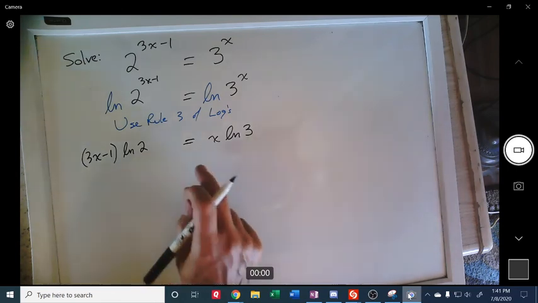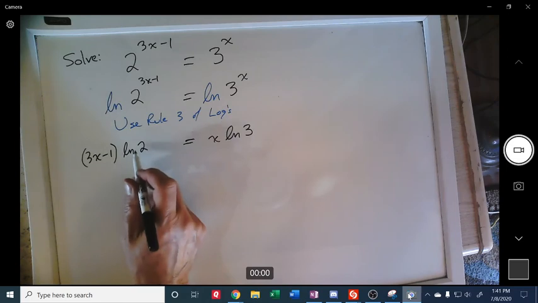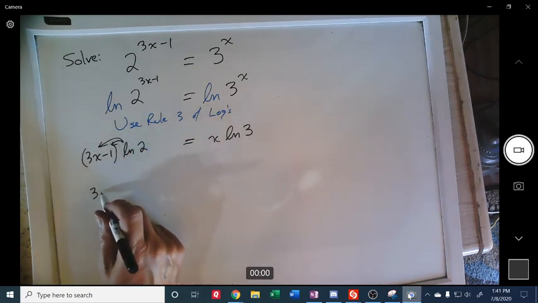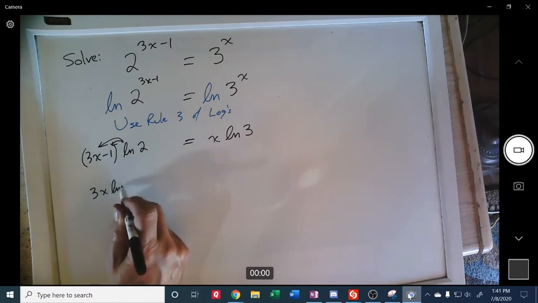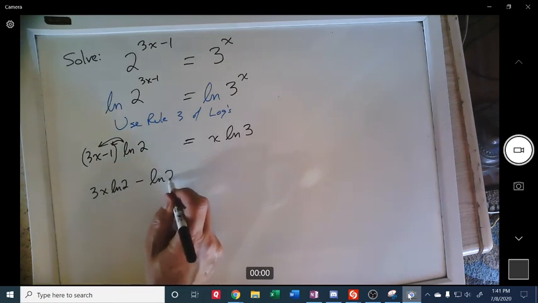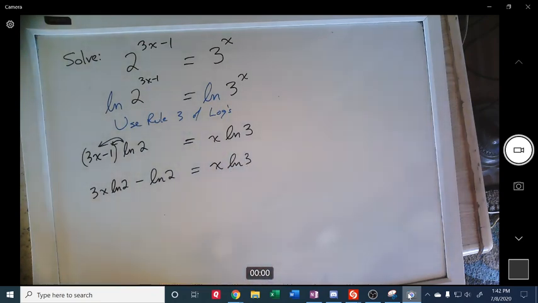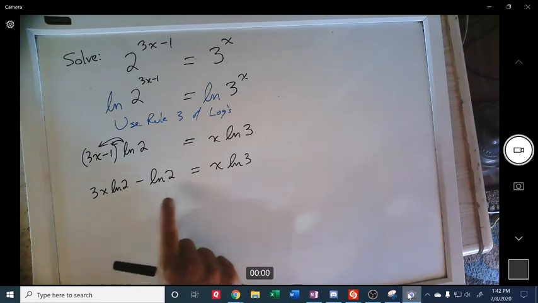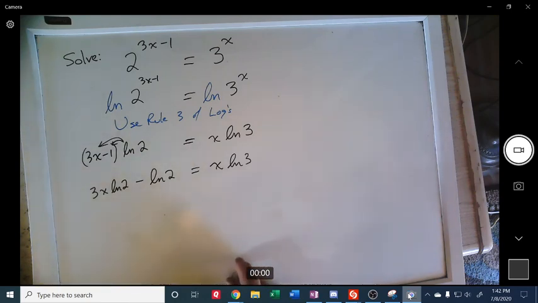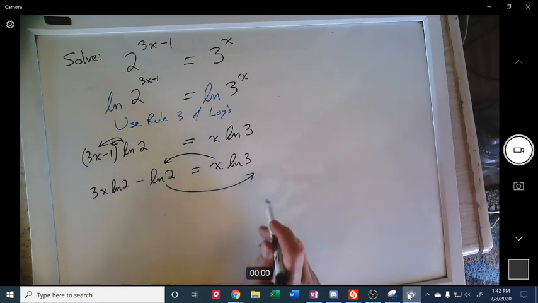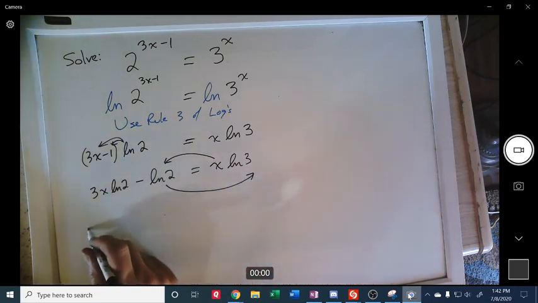All right. So now I'm going to solve this thing for x, and I distribute the ln 2 to both. 3x ln 2 minus ln 2 equals x ln 3. And now I've written 3 terms. 2 of these terms contain x, and 1 term does not. So I'm going to move the terms that contain x over here, all the terms that do not over here.